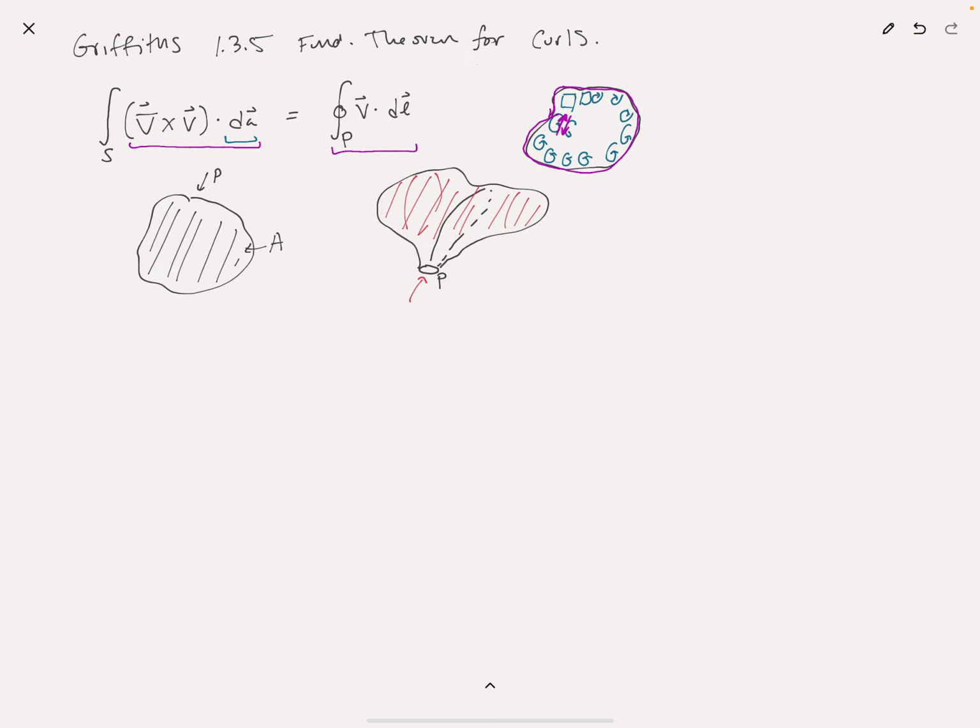All right, so we can test it like we have in the past. We can go ahead and take the curl of our vector field, and we need to define an area over this surface, and we need to define a perimeter. So example 1.11 in your book picks the surface in the YZ plane.